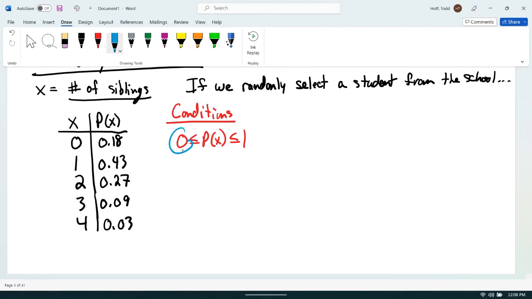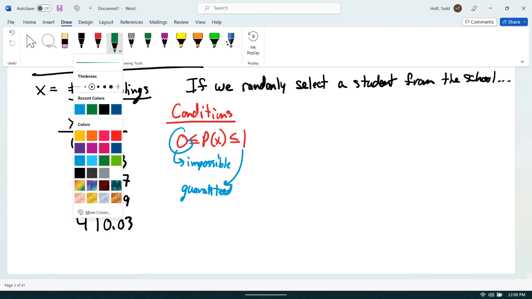If the probability is 0, that means it's impossible. If the probability is 1, that means it's guaranteed. Well, nothing is guaranteed in life unless there is only one option. So it's impossible to achieve a probability of 1 unless something has already occurred.